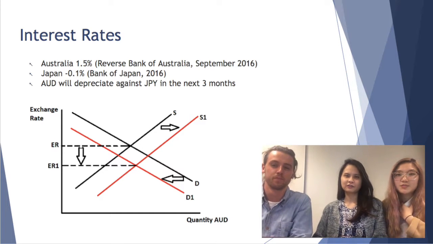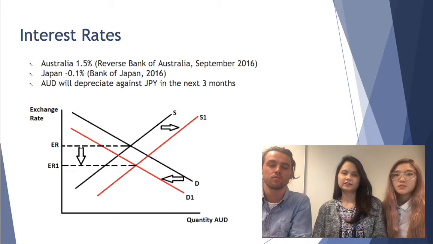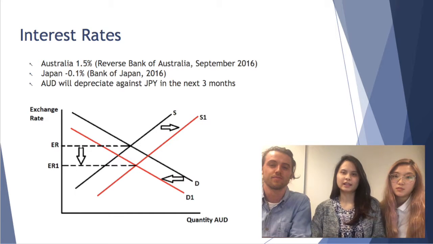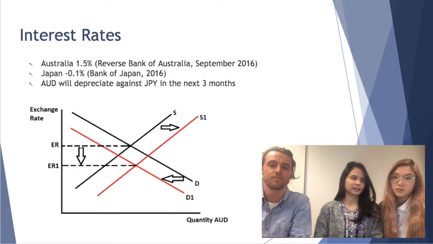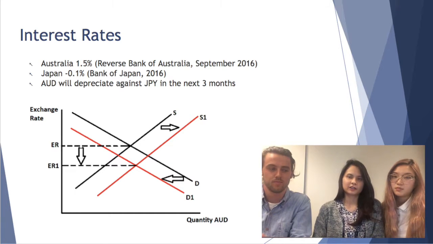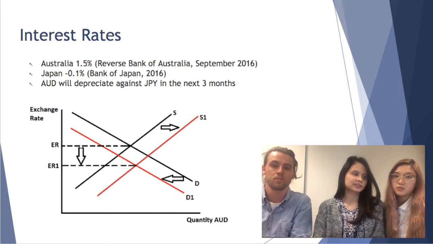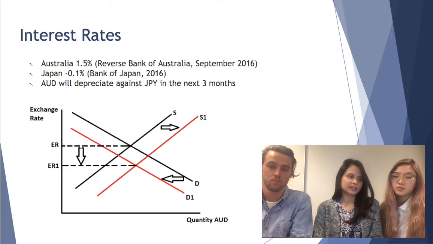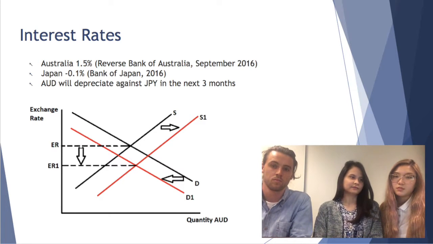The interest rate and inflation rate are both higher in Australia. Therefore, it will decrease export and increase import in Australia, shifting the supply curve of Australian dollars to the right, and at the same time decrease the demand for Australian dollars. As a result, the exchange rate will decrease, making the Australian dollar depreciate against the Japanese yen.